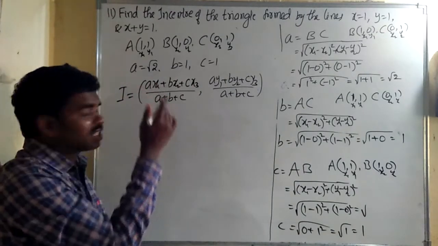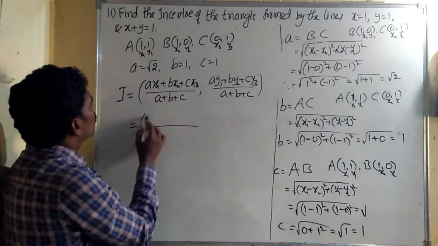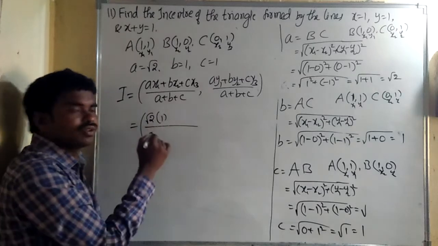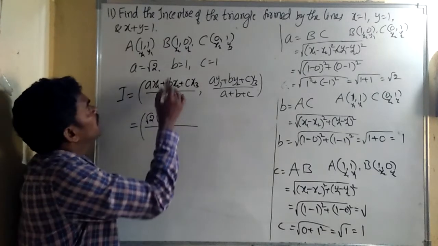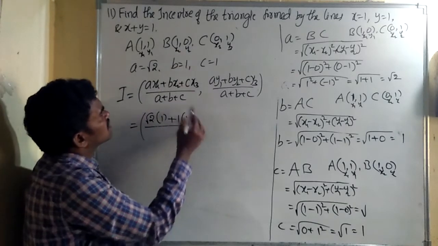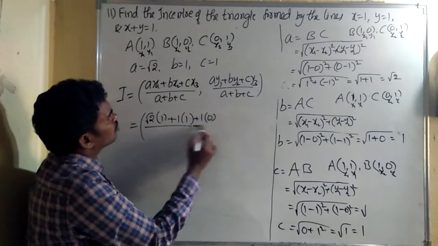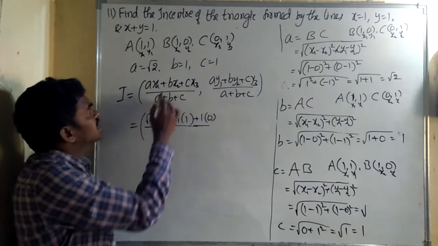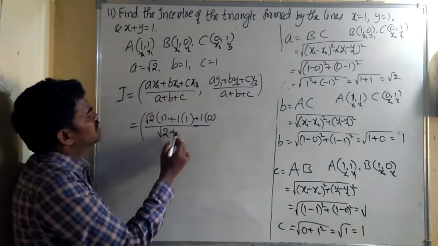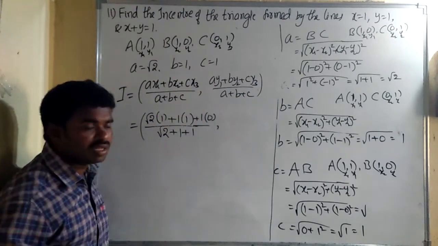Now substitute things. a means what? Root 2 into x1 means 1. That's it, just substitute. Next plus means plus, b means what? 1 into x2 means 1, plus c means what? 1 into x3 means 0, by a means root 2, then plus b means 1, then plus c means 1, comma.